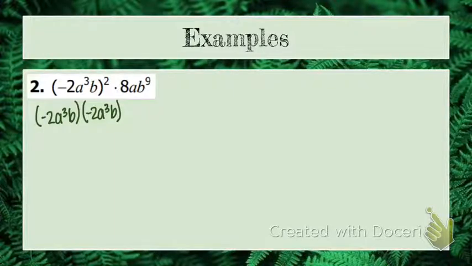And then multiply those, which we still have our 8ab to the 9th on the end. So again, when we multiply monomials, we take each little piece and multiply it together. So negative 2 times negative 2 is positive 4. A cubed times a cubed is a to the 6th because we add those. And b times b is b squared.